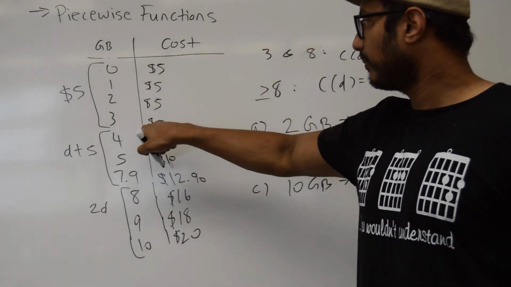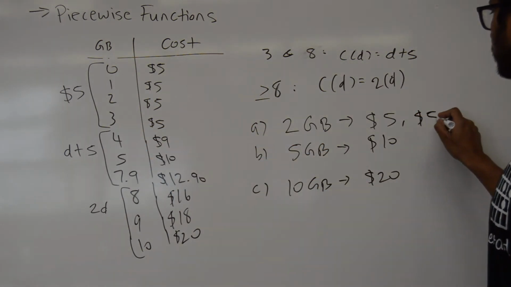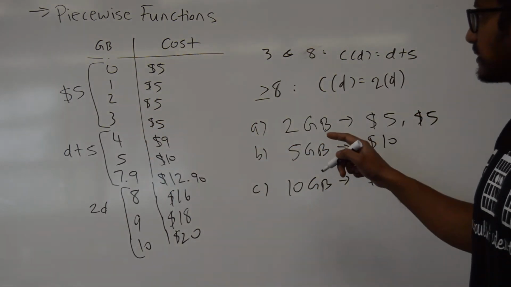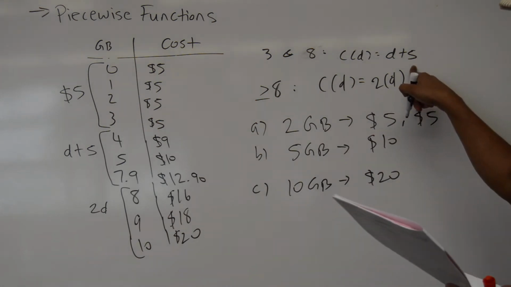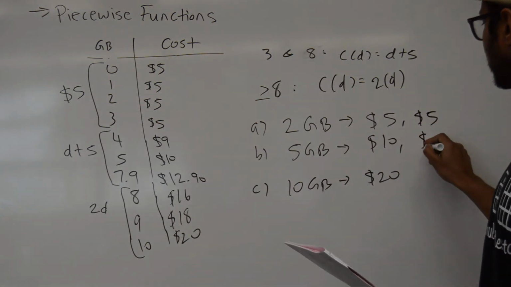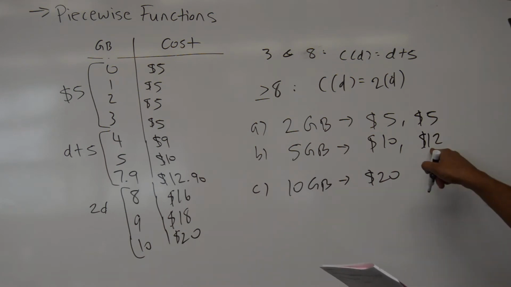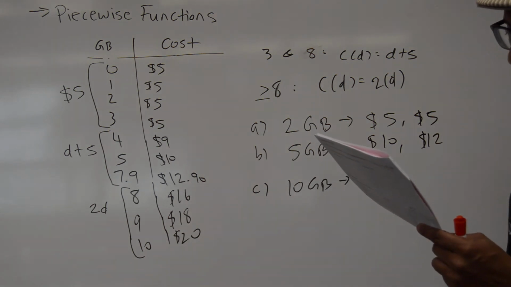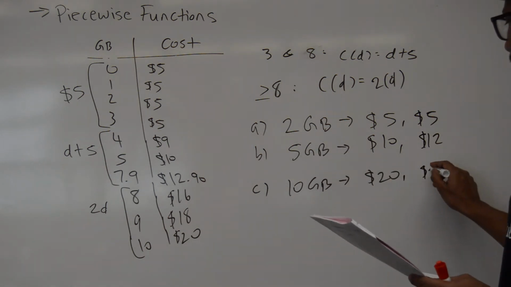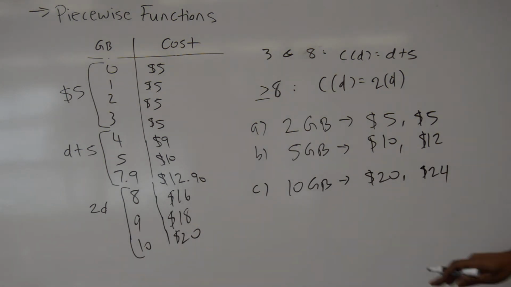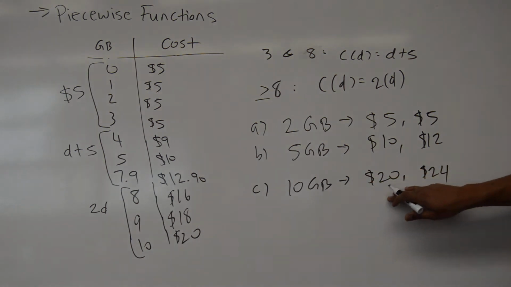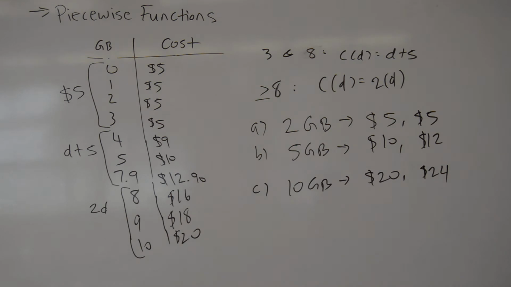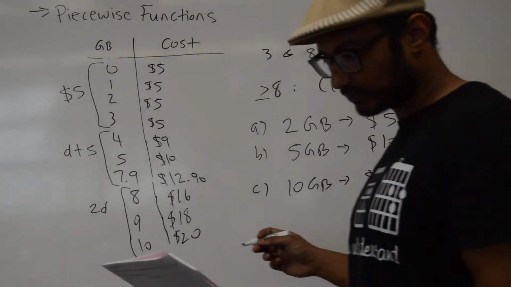If you use 3 gigabytes, it's still going to be $5. Between 3 and 8, it's going to be this formula, D plus 5. So if you use 7 gigabytes, that's going to be 7 plus 5, or $12. Now if you use 12 gigabytes, then 12 times 2, that's going to be $24, because in this region, you're multiplying the number of gigabytes by 2 to calculate the cost.